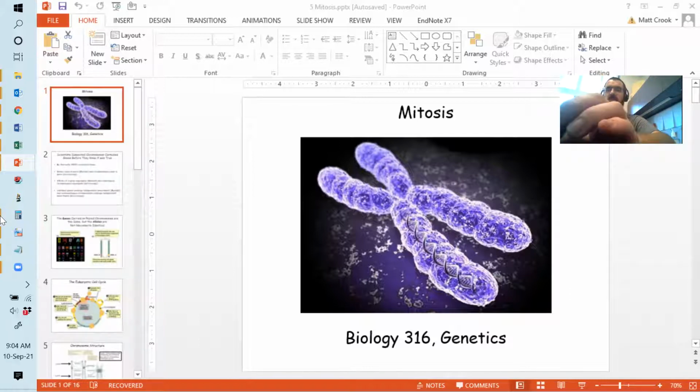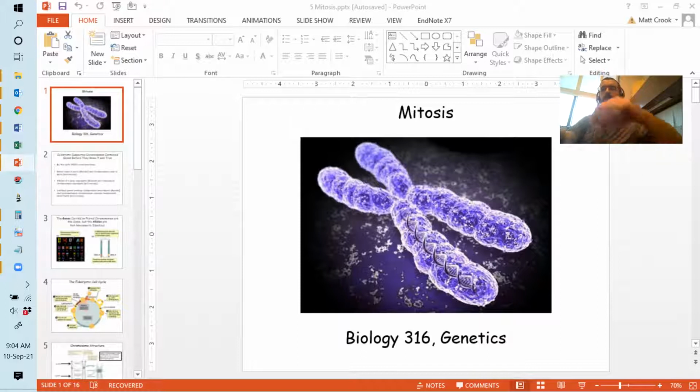Cell division is what we're going to be focusing on for the next 3 lectures, and that's going to take us right up to and including exam 1. So this is the last topic of this section for genetics, and then we'll move on to the second quarter.